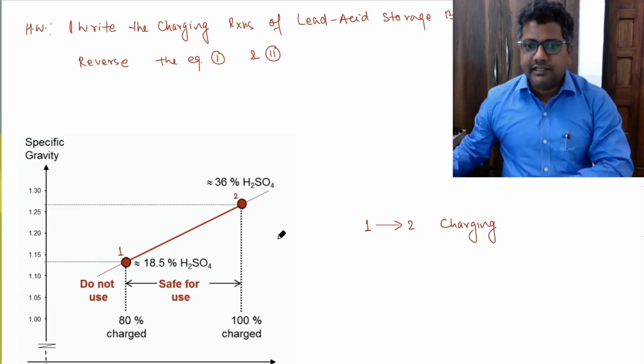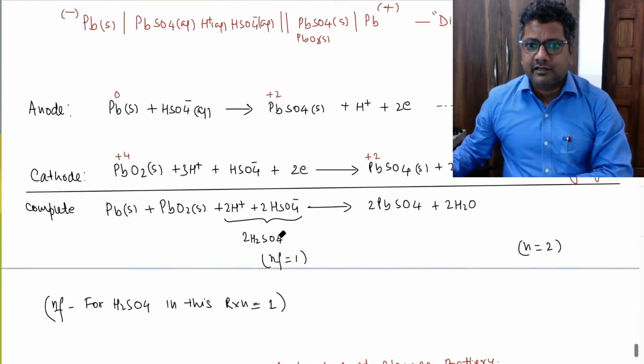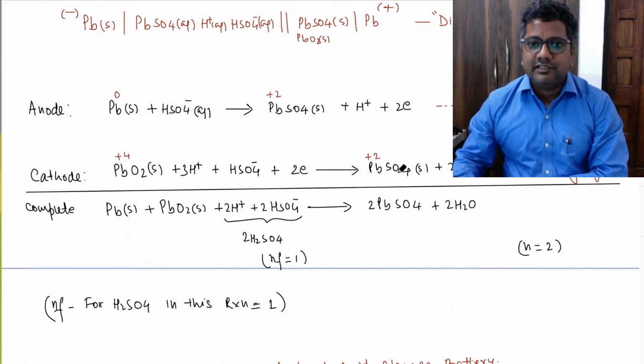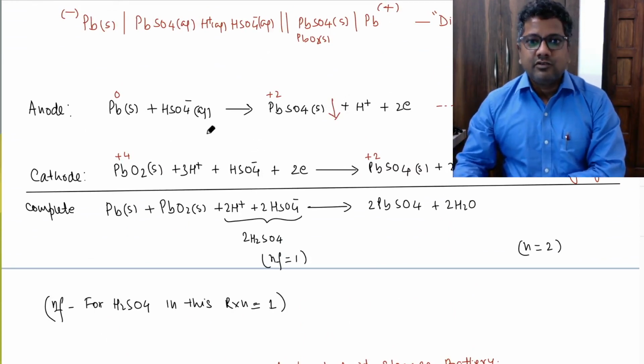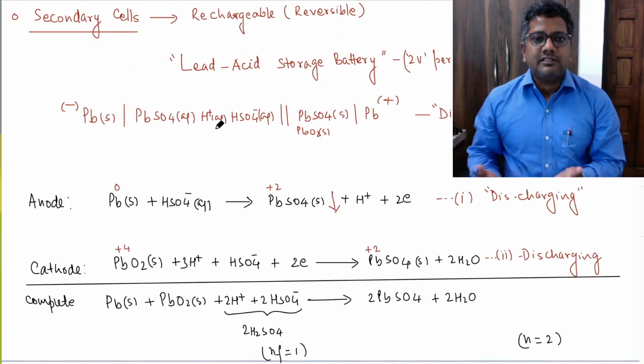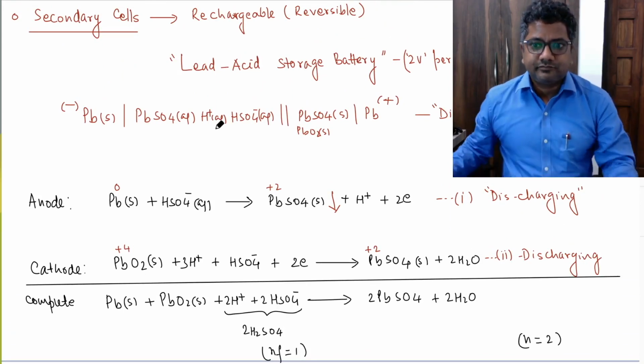Now sulfate, and it is very evident here, don't try to remember. See, the lead and this H2SO4 are combining, and you know lead sulfate is insoluble, basically a precipitate. So the component of sulfuric acid is going to precipitate, so obviously the density will decrease.